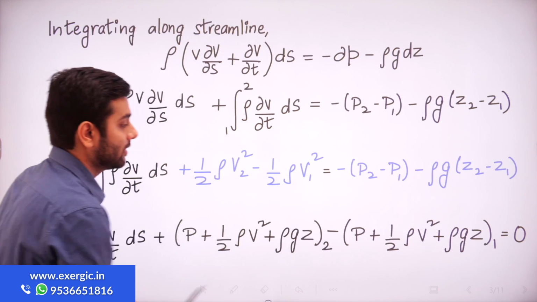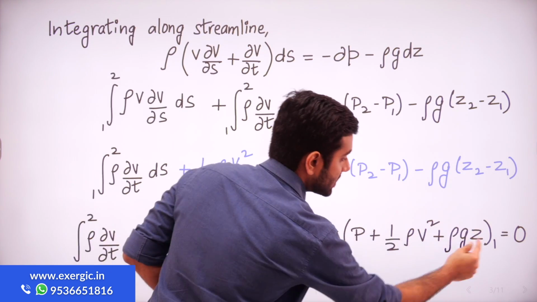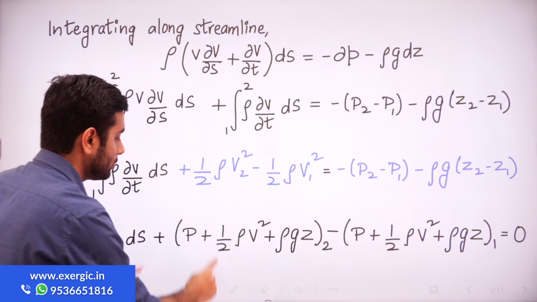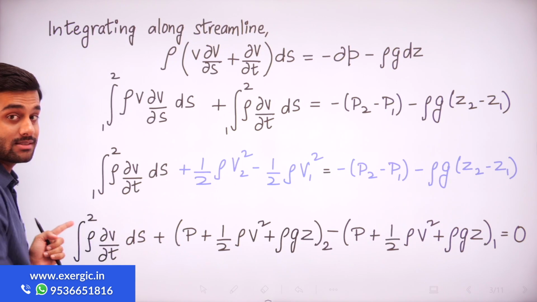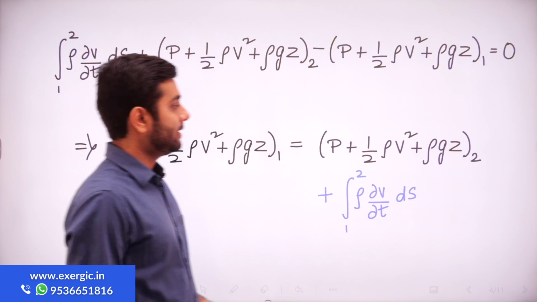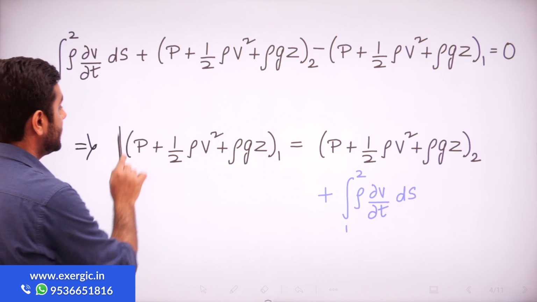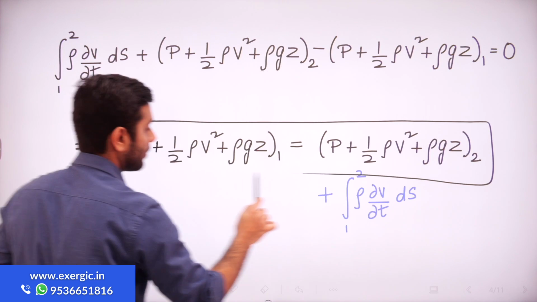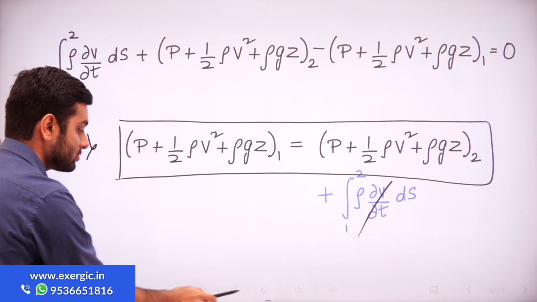So if you bring this term on the right side, you will have this expression for point 1 equal to this expression for point 2 plus this term, which is the addition for the unsteady Bernoulli equation, right? So from that you will get this. Earlier for steady state, this was the Bernoulli equation because del v by del t was 0. But for unsteady, that is also present.